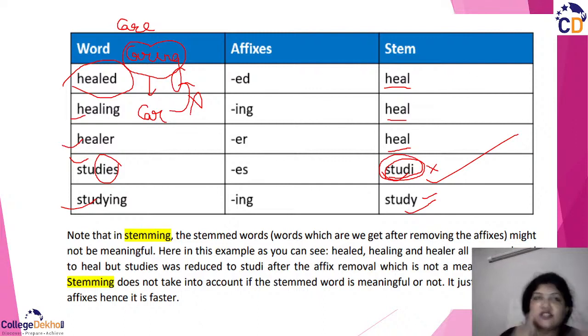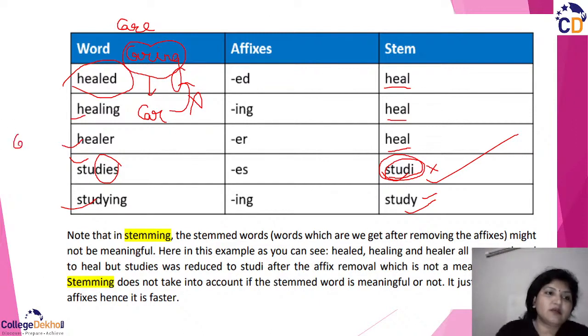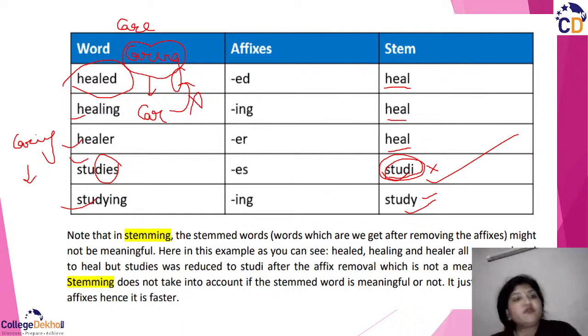Yes, it is very fast, just removing the affixes and giving you the output, right? Whenever you have very confidential data or security is involved, we might not use such functions. Rather, we can use lemmatization, because for caring, lemmatization is going to give you care.